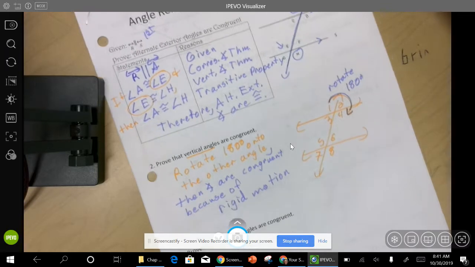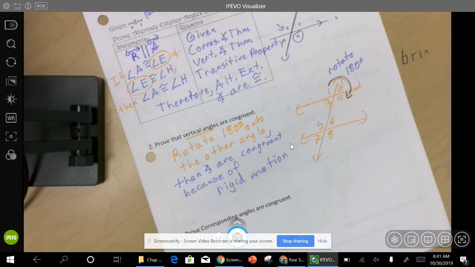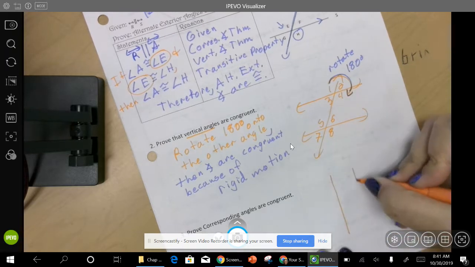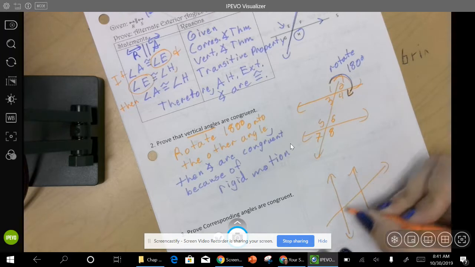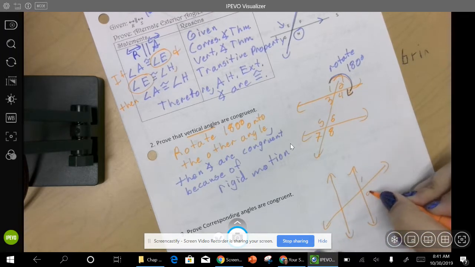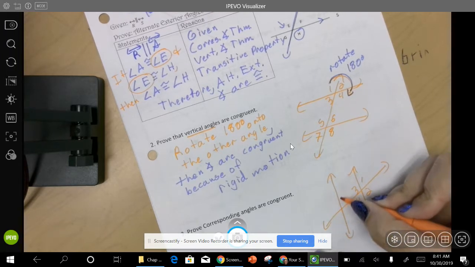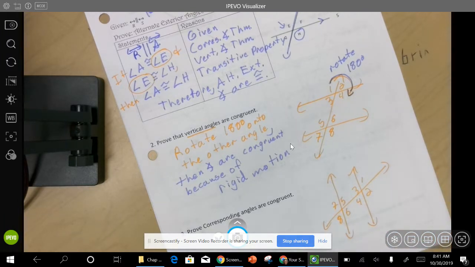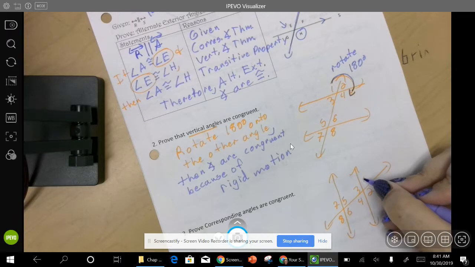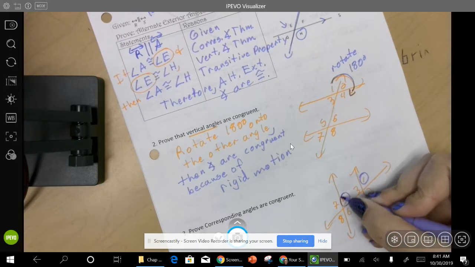We also need to do this for corresponding angles. We need to prove that corresponding angles are congruent. So we would say that angle 1 is congruent to angle 5.